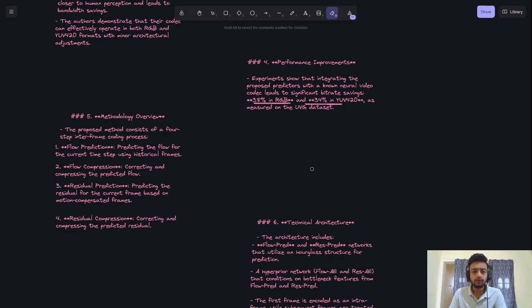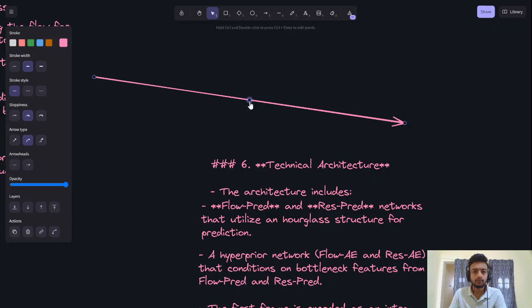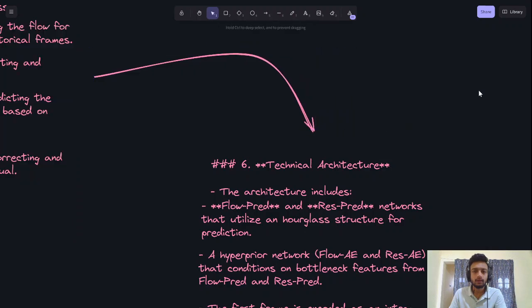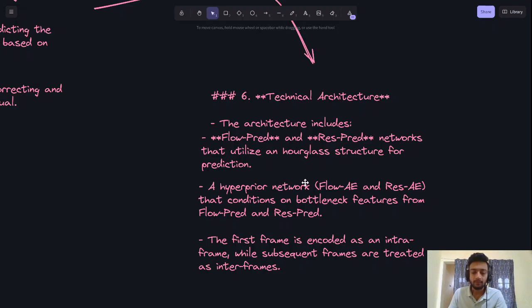So now we'll quickly look at what the technical architecture is.